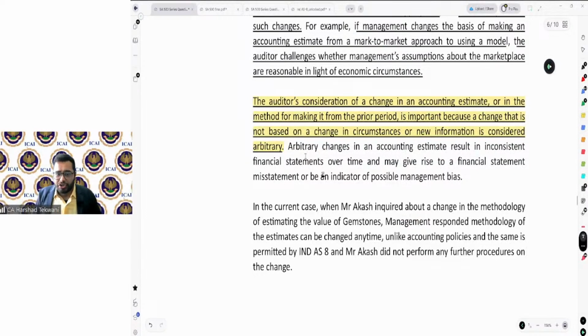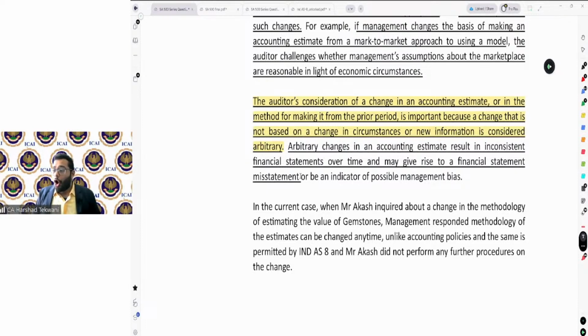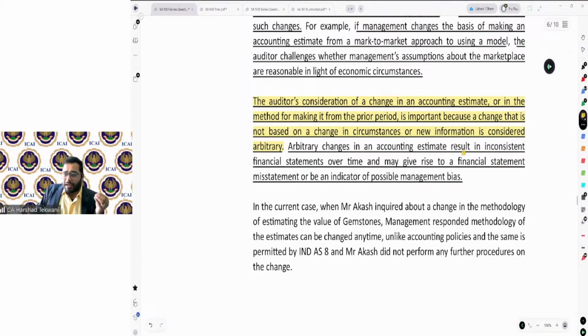Now, if there is an arbitrary change in the accounting estimate, that would result in inconsistent financial statements over time and may give rise to financial statement misstatement, or be an indicator of potential or possible management bias.